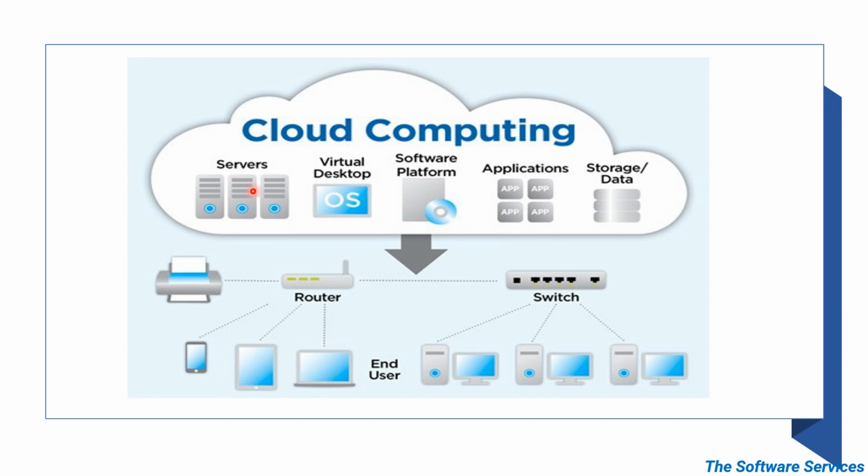The pool, the group, or the collection, whatever term you like, you can use. The collection of all the IT infrastructure is called cloud, and all these things are there for lease. The company can lease these IT resources for running their workloads.